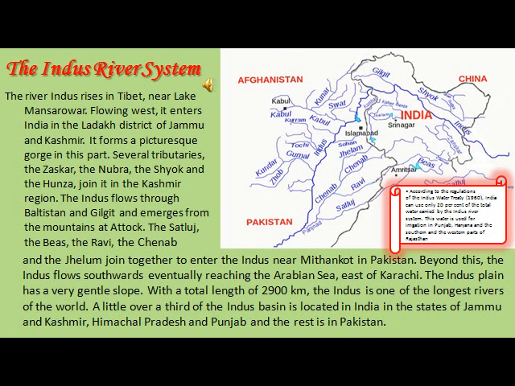According to the regulation of the Indus Water Treaty 1960, India can use only 20% of the total water carried by the Indus River system. This water is used for irrigation in Punjab, Haryana and southern and western part of Rajasthan.